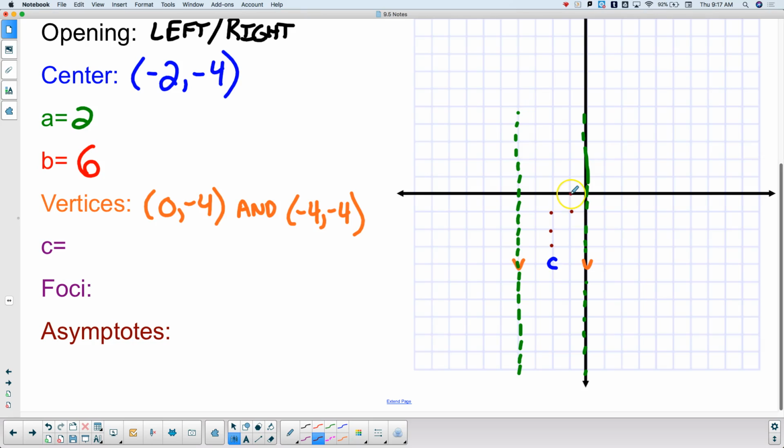Up 3, 1, 2, 3, right 1. So right there is my corner of the box, because it's where the slope met up there. Well, that would give me then, this distance here would be 1, 2, 3, 4, 5, and 6. So B would have to be 6 in both cases. Okay.